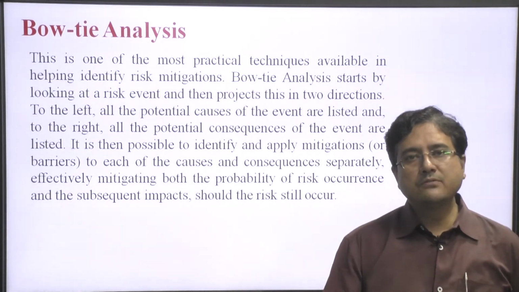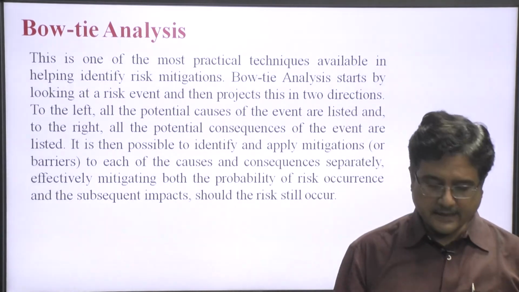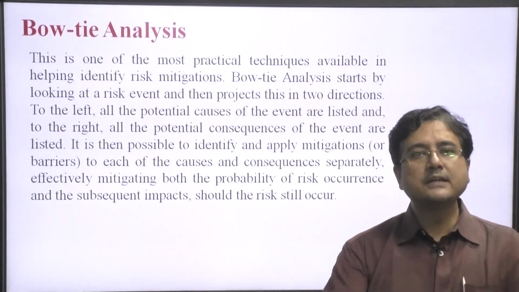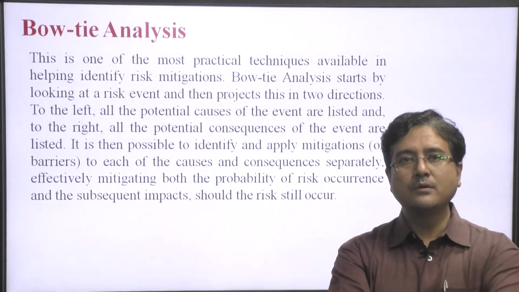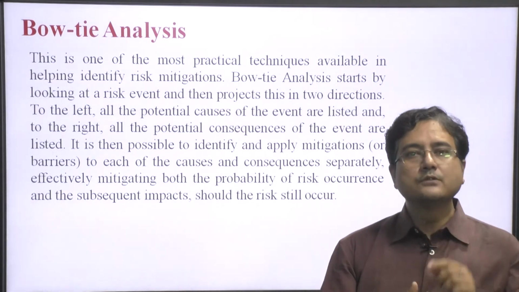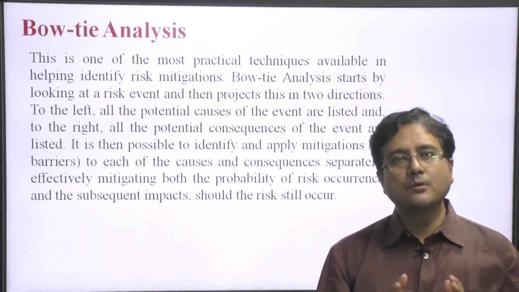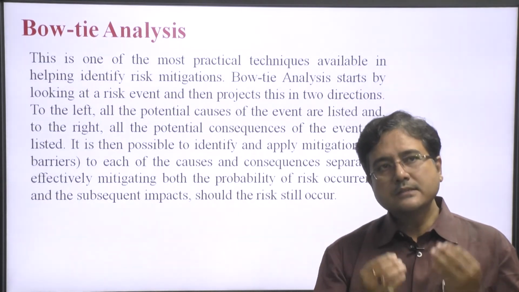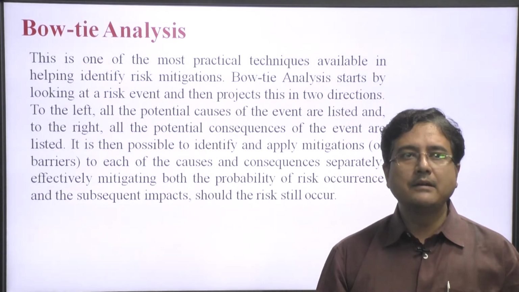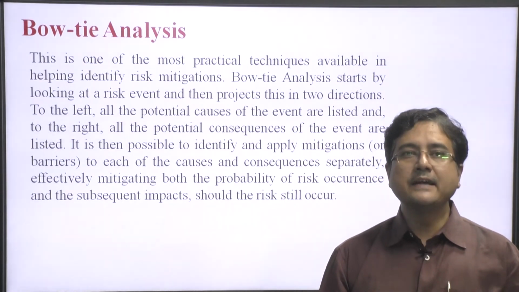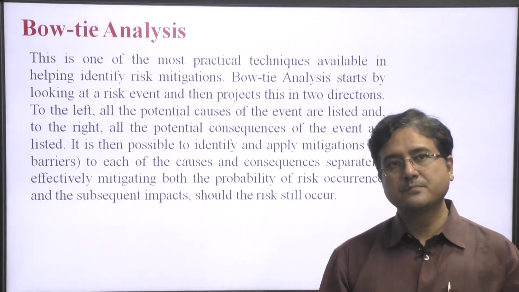Next qualitative tool is bow tie analysis. We know bow and tie. So bow tie analysis is also a qualitative tool. This is one of the most practical techniques available in helping identify risk mitigation.